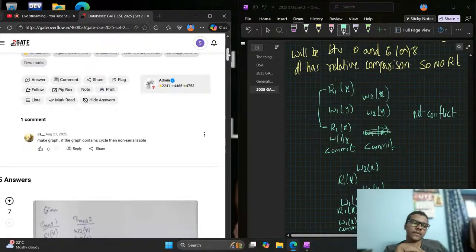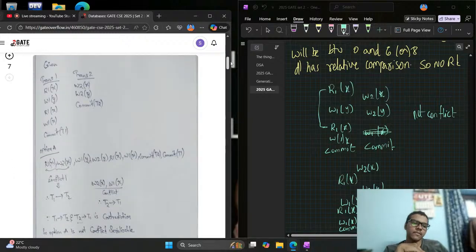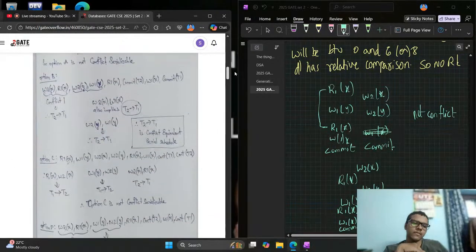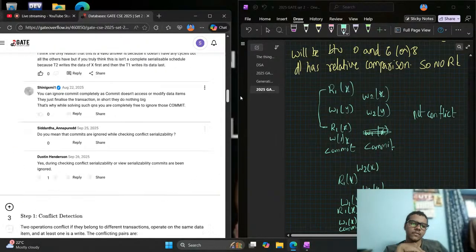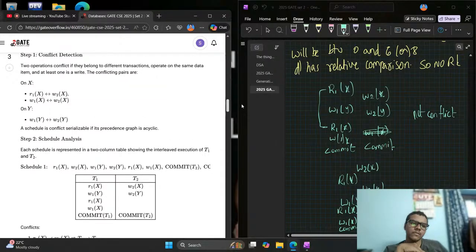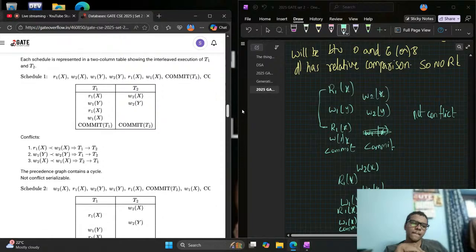I need to check if my graph option is the precedence graph. Yeah.